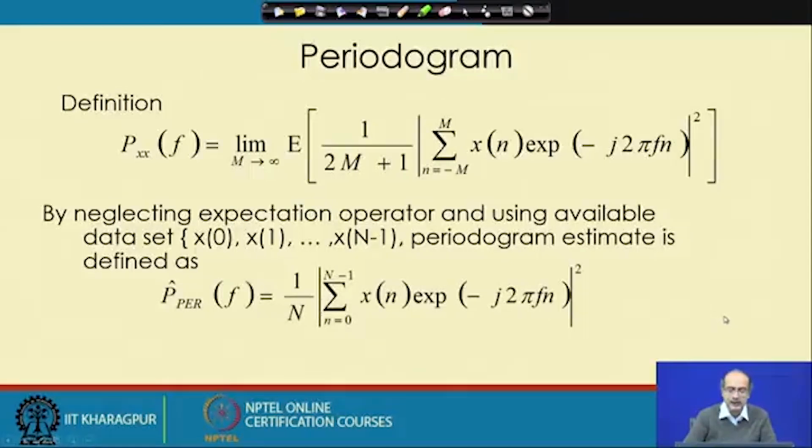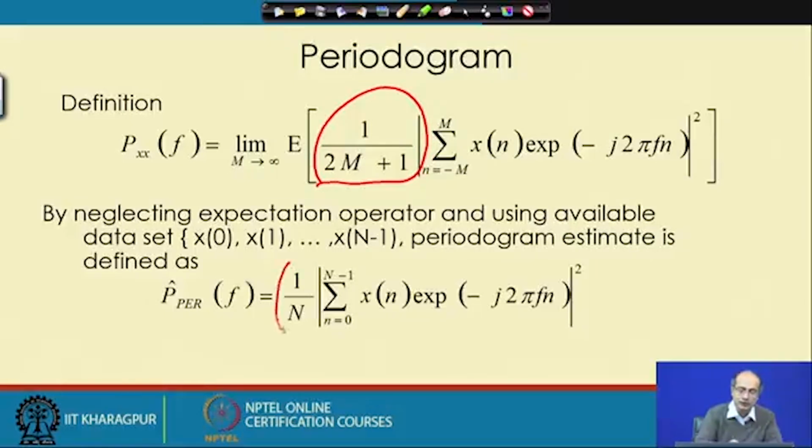We would compute the sum n equal to 0 to n minus 1, that Fourier kernel would be there along with the term x n, and we will take the mod square of the summation, and again we will take the scaling factor 1 by n like the previous one. Earlier we also had that 2m plus 1, that is the number of terms we are adding. Here it is 1 by n, so many terms we are taking.